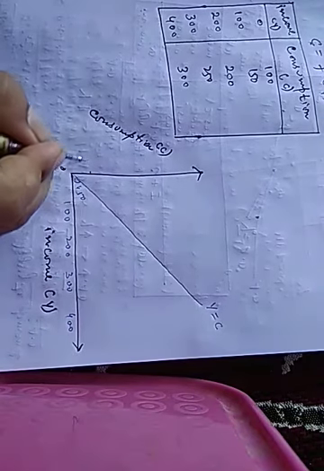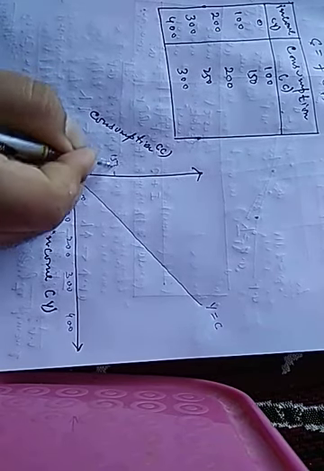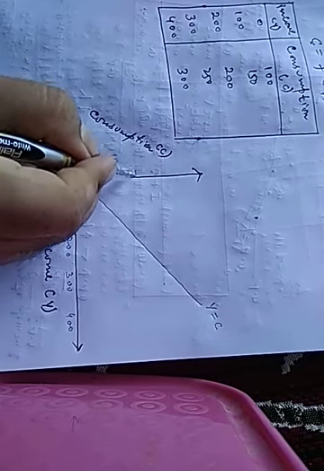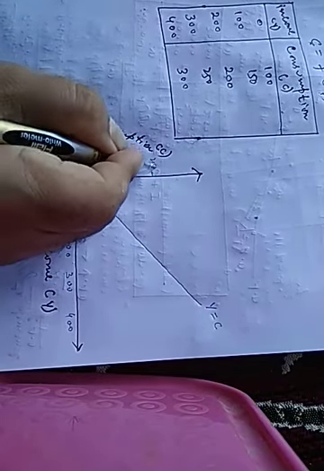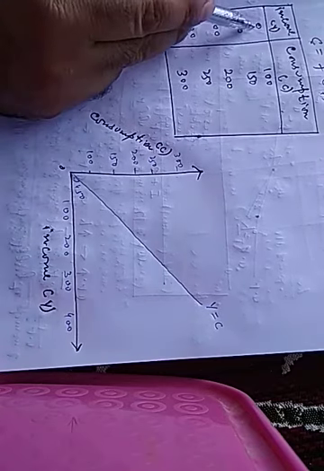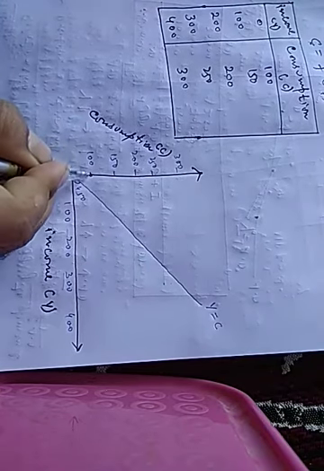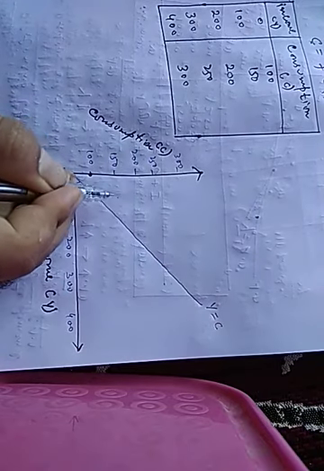Consumption is 100, 150, 200, 250 and 300. When income is 0, consumption is 100. This point. When income is 100, consumption is 150. This point shows consumption equal to 150 when income is equal to 100.